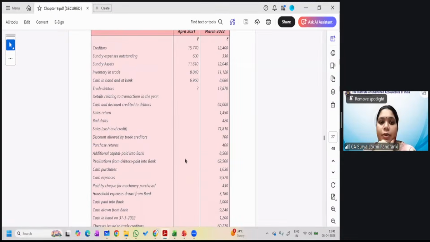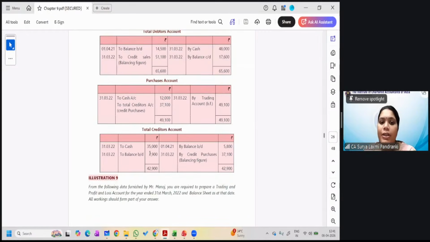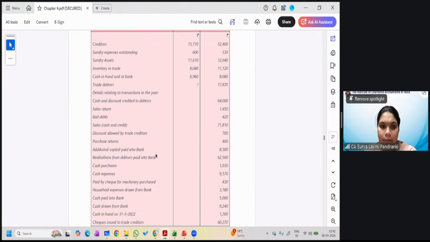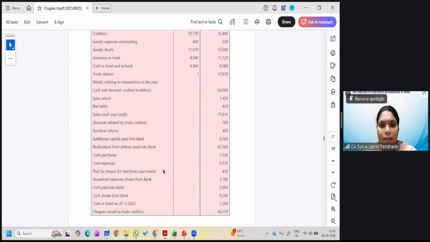If you look at this question, this is a similar kind of question that we have done before. You have all the information. You know which balance goes to which account. When we did our final accounts, we did this kind of similar question, wherein creditors go to the balance sheet, and we discussed where each item goes already. So same thing, nothing new in this.